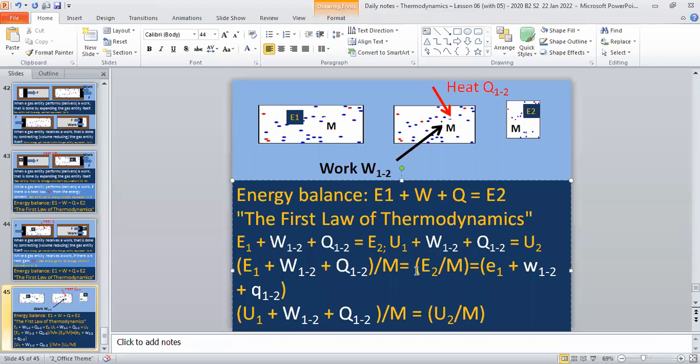Okay, this one is equal to E2 by M, which means per unit mass. This is just E2. Okay, interesting.